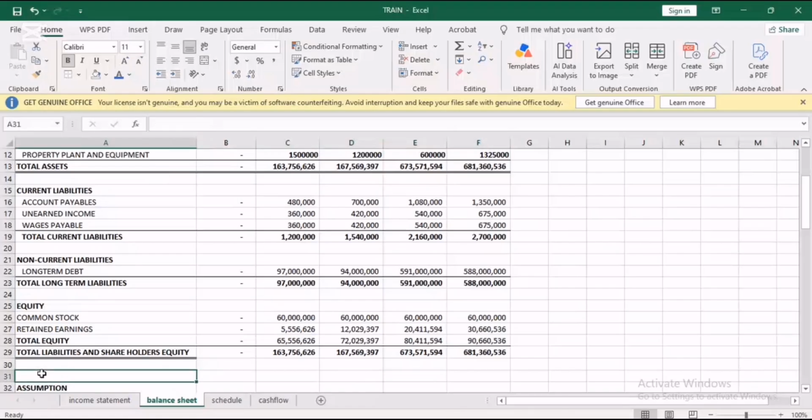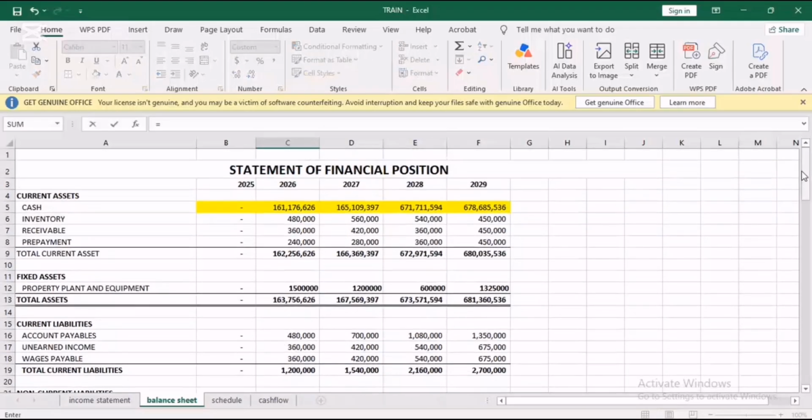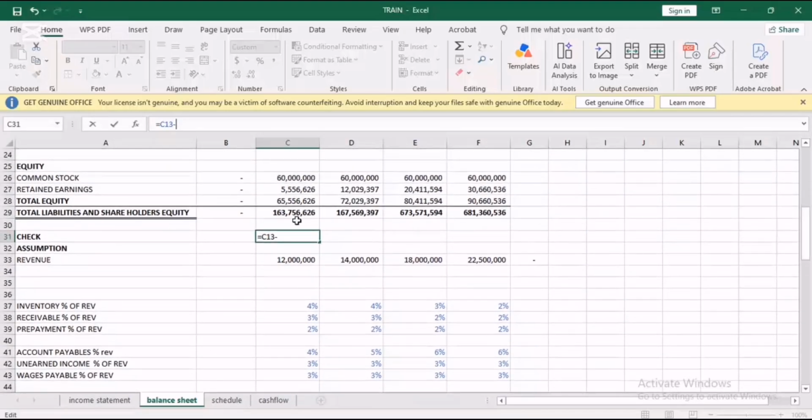For the sake of clarity, let's put up a check here. C-H-E-C-K, right? Let's have it equal to our total assets minus, let me take away this pop-up that's stubborn, get it off, minus our total liabilities and equity.